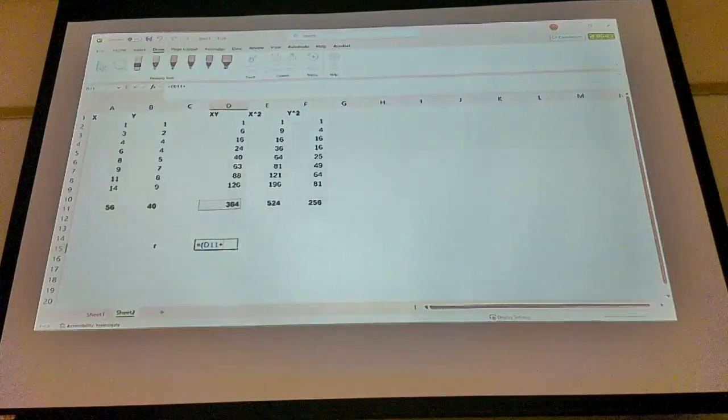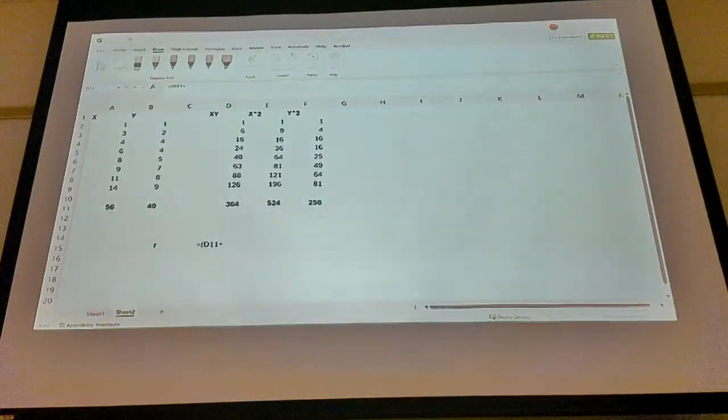That's okay, because I will go back. Write it. Sum of xy, it's not plus, it's minus sum x times sum y all over n. And that whole thing is over the square root.